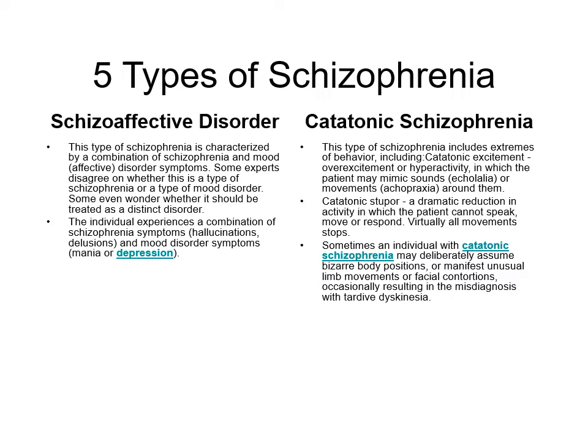And then we have catatonic schizophrenia. Catatonic is basically a state where you're kind of brain dead, but not coma brain dead, but you're definitely in a state where you're just not responding. It's almost like the person is in a coma, they're dead, but they're still very much alive.